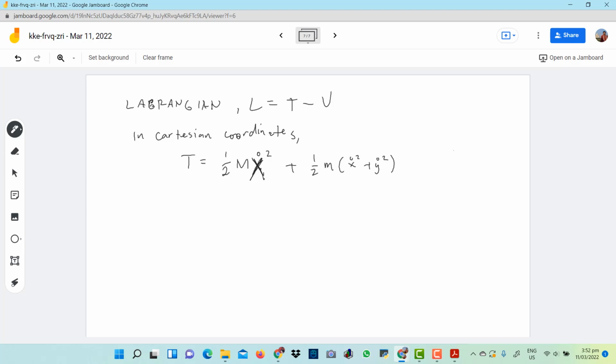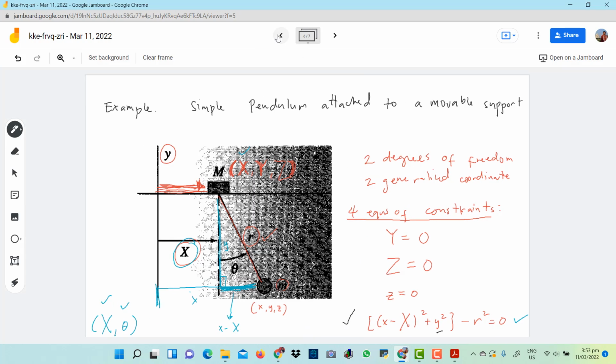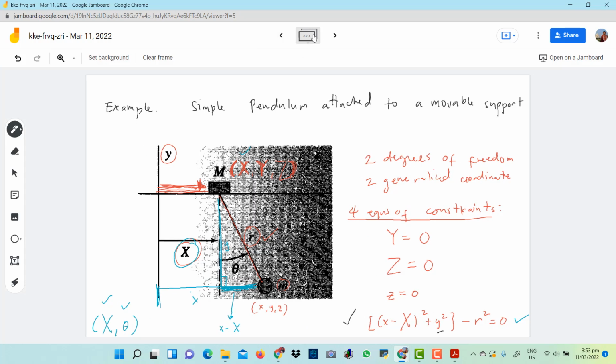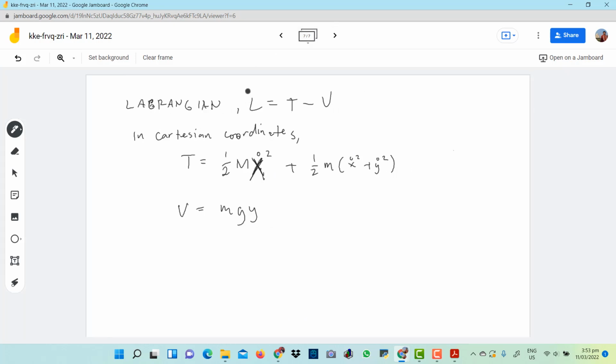Okay, so let's try this. Wala pa napay V. V is equal to mg times y. Anyways, dapat minus mg times y na siya.